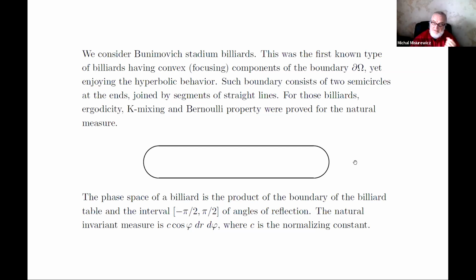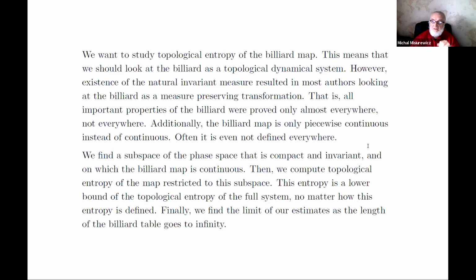Now, the fact that there is this natural measure is why people basically looked at the billiards from the measure point of view. So from the point of view of ergodic theory.